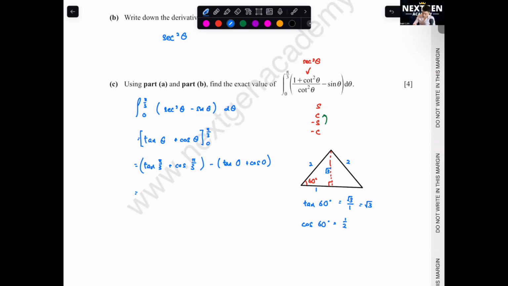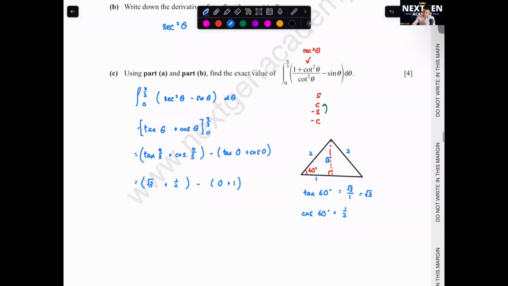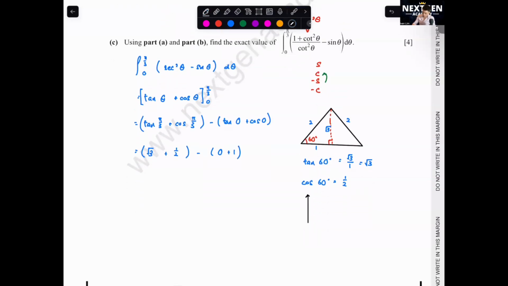Then here, we write down the value: root 3 plus 1 over 2. Tangent 0 and cos 0. Tangent 0 will be 0, cos 0 will be 1. This is according to our graph. When you see intervals of 90 and 0, you just base it on your original graph.